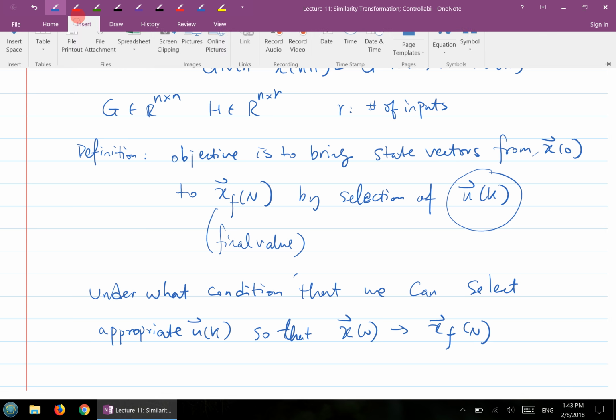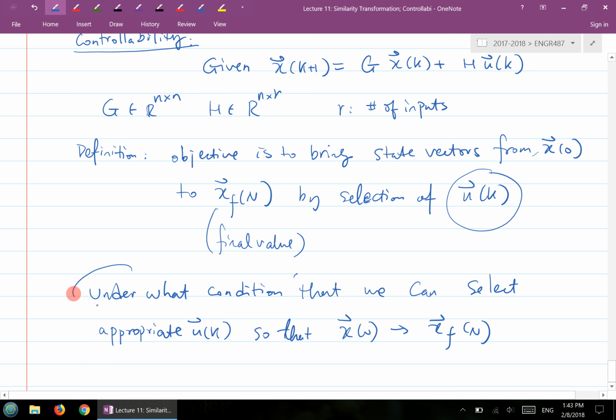So essentially, what we're trying to do now is to find out this condition, and that condition is the controllability condition. Okay? Let me stop here.